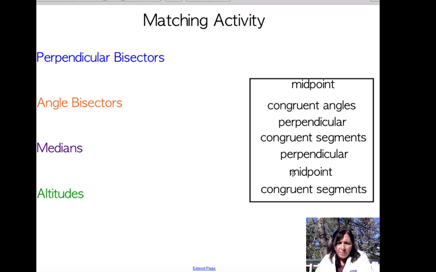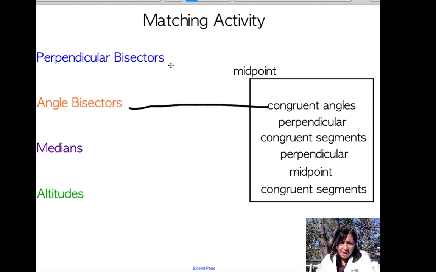3 perpendicular bisectors give me a midpoint. Maybe I'll just draw a line. Congruent angles go with my angle bisectors. Perpendicular bisectors go here.